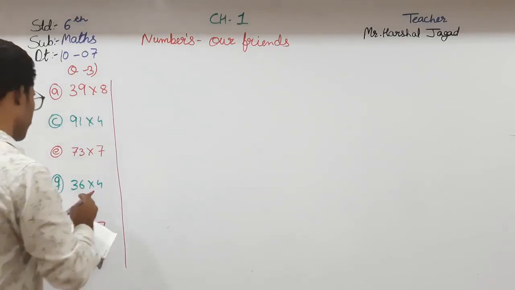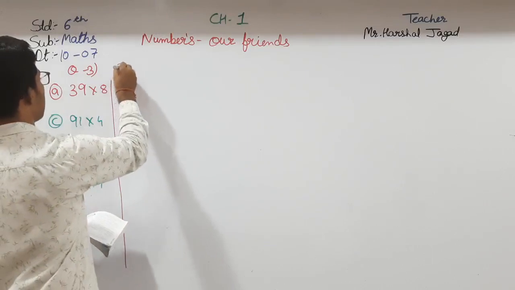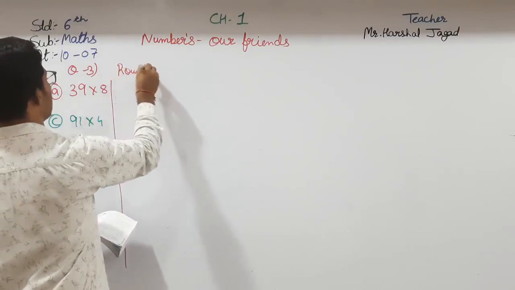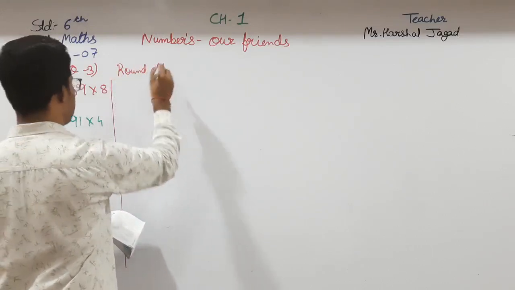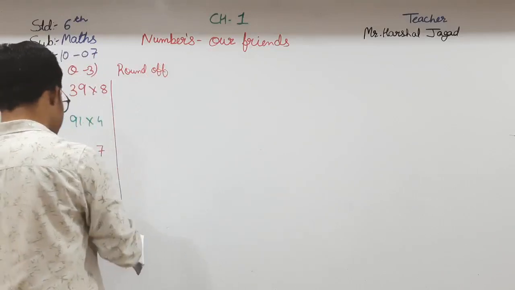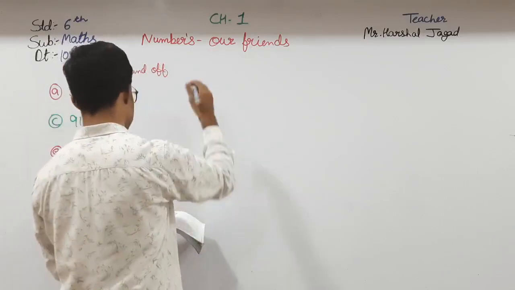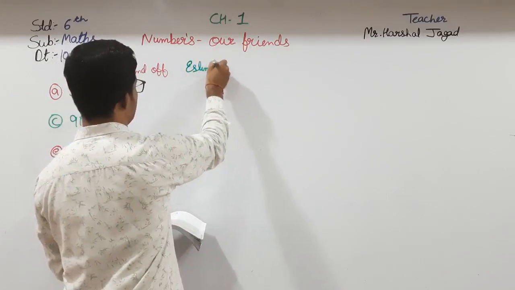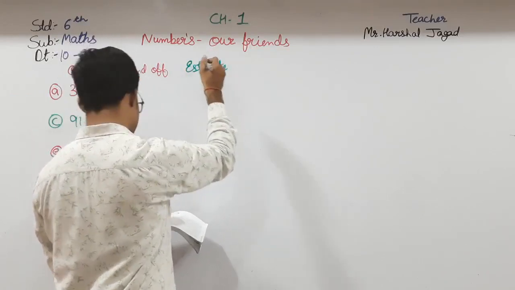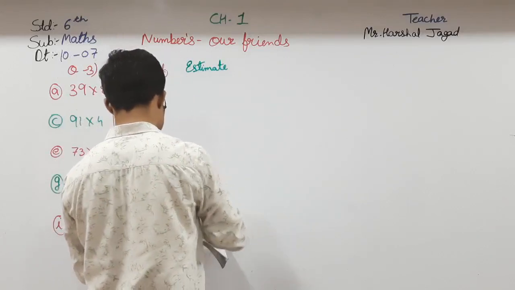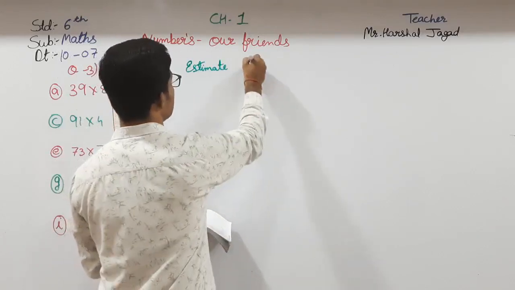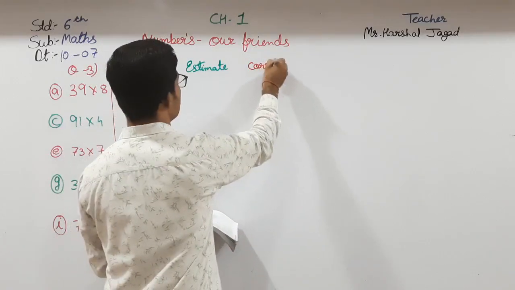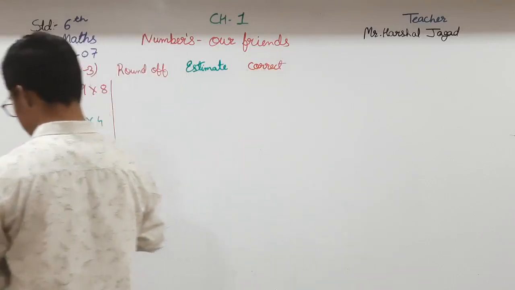So here first of all, round off, then estimate, and then correct. Okay, so let us do it.